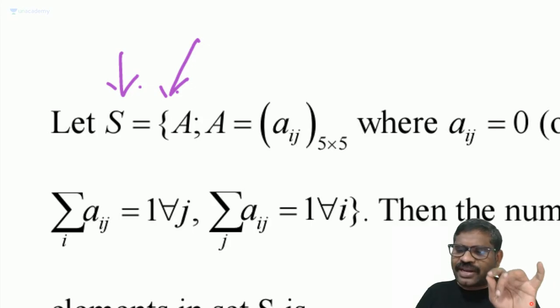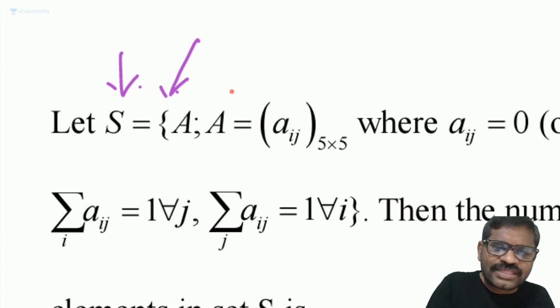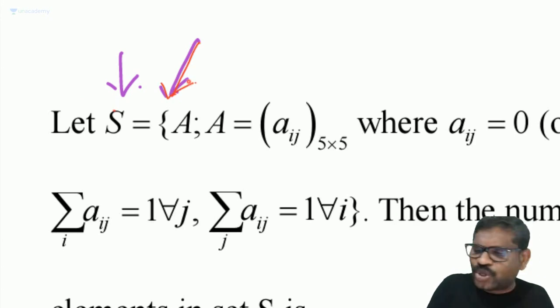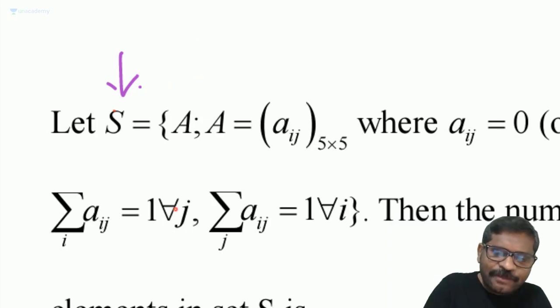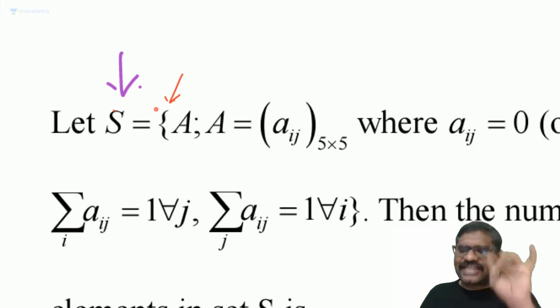It is very difficult to understand, that's why concentrate. S is a set. Sir, how do you know that? They have given a flower bracket. Based on this flower bracket, we can understand that S is a set.